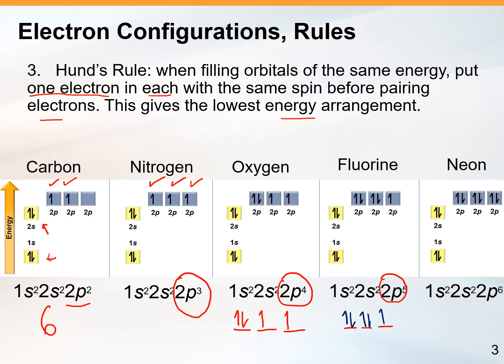And neon's 6 electrons in its 2p subshell will be placed one by one, 1, 2, 3, with the same spin in different orbitals, and then paired up to have completely filled p orbitals.